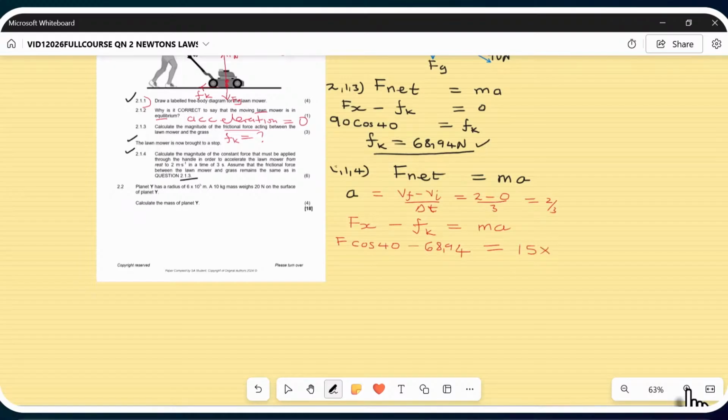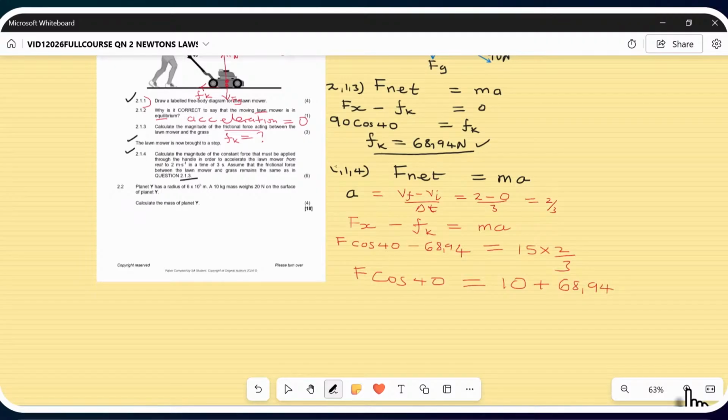So from here, my force equals to 78.94 divided by what? Divided by cos of 40. Hope we are together. Divided by cos of 40. Okay, so here, calculators, what do you get?